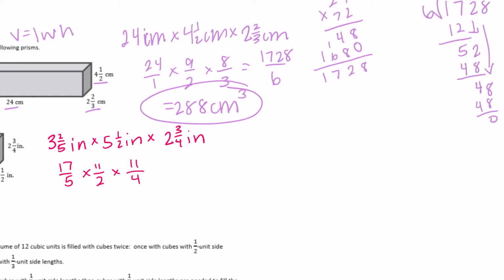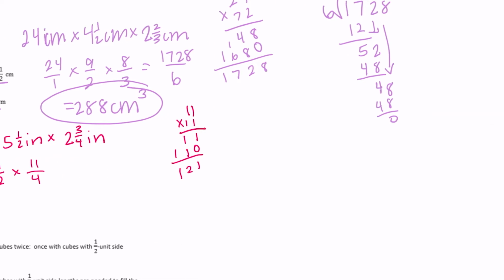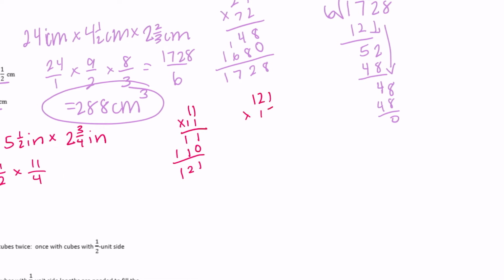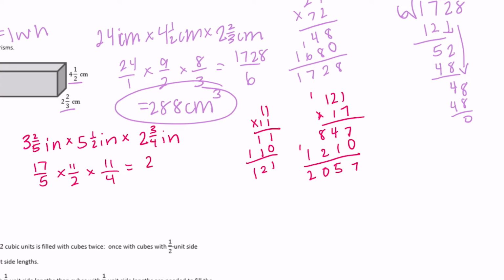Okay, so 11 times 11, I think that's 121. Yep, so we have 121 times 17, which is 2,057, over 5 times 2 is 10 times 4 is 40.